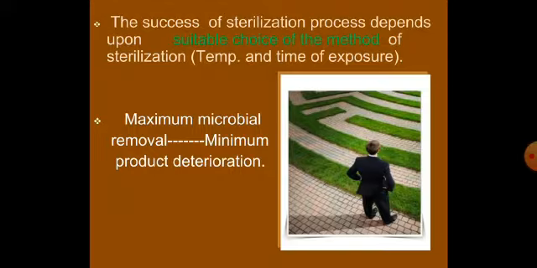This is due to the inactivation of these antibiotics. Okay, sterilization will occur, but the product will be deteriorated, will be inactive. So the success of the sterilization process depends upon a suitable choice of the method that is proper for my product. I want to obtain maximal microbial removal and minimal product deterioration.